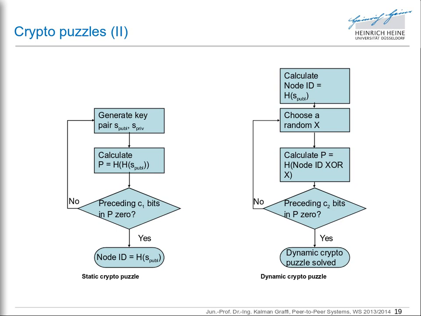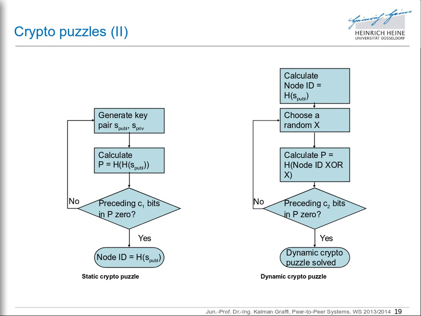Okay, let's come to the crypto puzzles and how the algorithm works. On the left side, we have the static crypto puzzle, and on the right side, we have the dynamic crypto puzzle. So first of all, we generate a key pair, as for example an RSA key pair or ECC key pair. Then we calculate the hash of the public key.